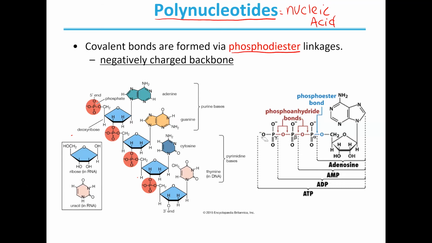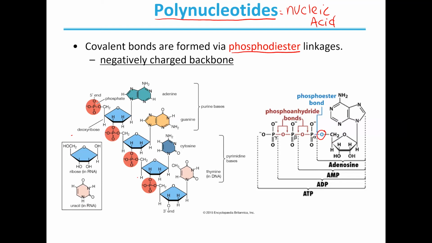Now notice that as we add a phosphate, the phosphates also link together using this oxygen that normally would be linking to our sugar. So when you have an oxygen that links two phosphate groups together, this is called a phosphoanhydride bond. So again, the difference is when a phosphate is linked to a carbon, as shown here, this is a phosphoester bond.